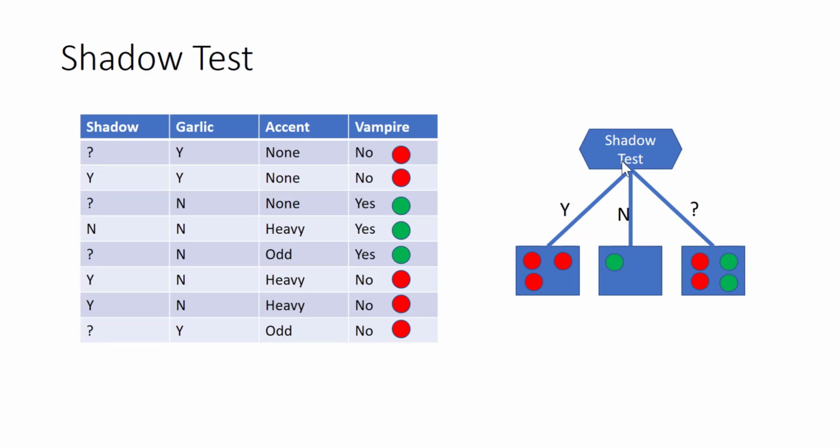Let's suppose we use the shadow test. So here it is on the left, the shadow test. And we'll see that we didn't know if there's a shadow. So we've got one no. There are three possibilities. Yes, there's a shadow. No, there's no shadow. And we don't know. So that first row gives a no in this right-hand box.